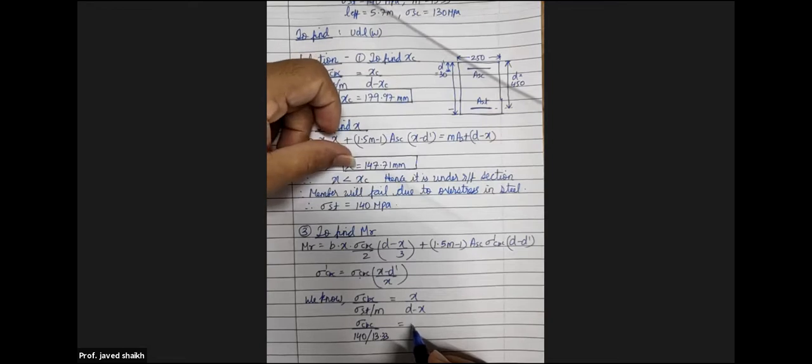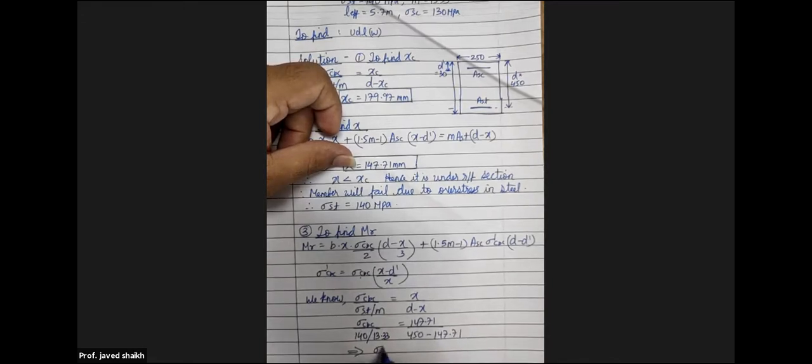Just now we have got the value 140 by M is 13.33. X we know it is 147.71. D is 450 minus. So which implies sigma CBC. Give me the value of sigma CBC.